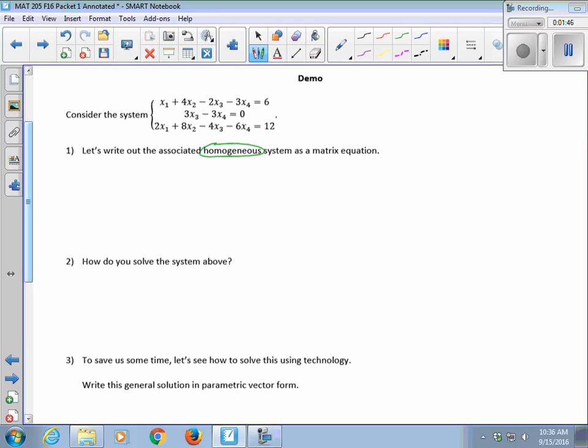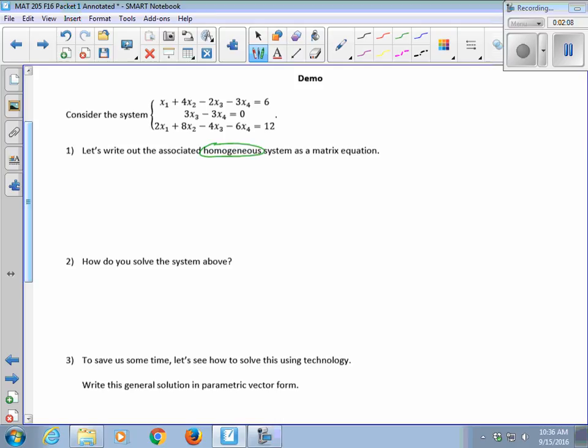Well, what makes a system homogeneous? The right-hand side of all the equations has to be 0. So every system has an associated homogeneous system where you just take the right-hand side and make them all zeros. Okay. So that's what we're going to do first.